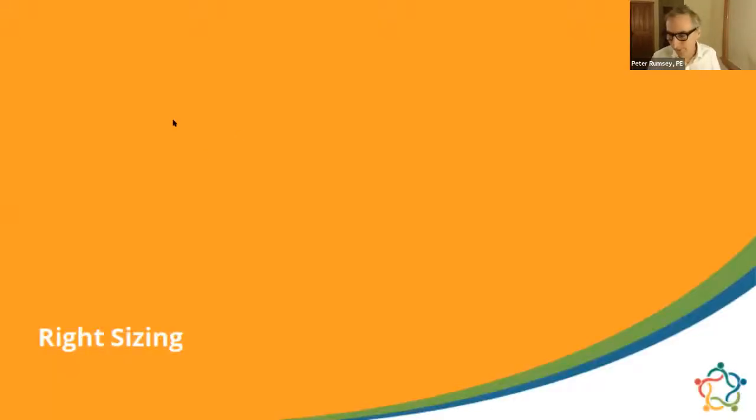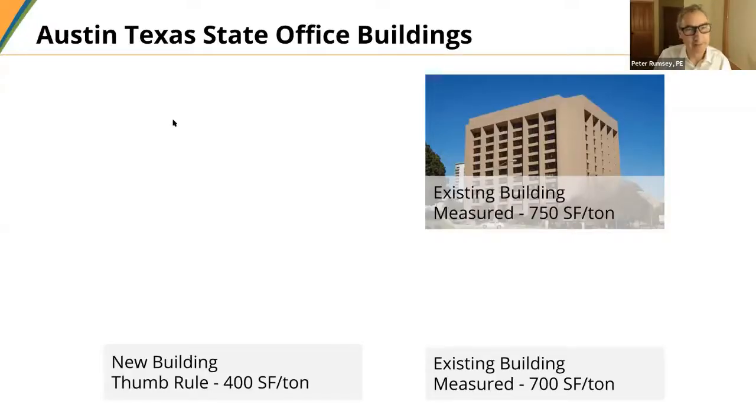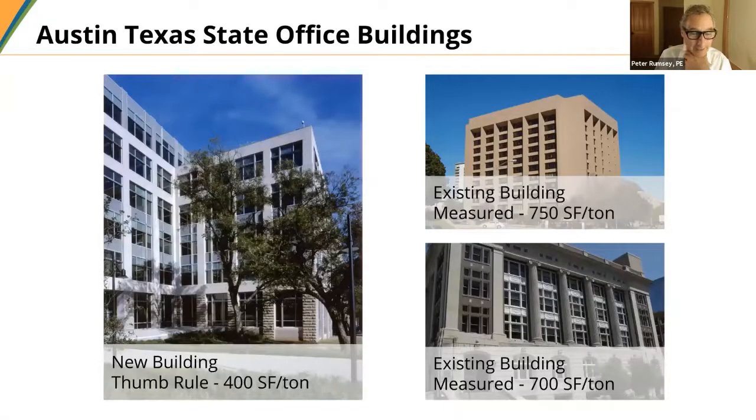So I want to talk a little bit about this idea of right sizing and give you some stories and examples from my career. I started out working on a building in Texas, and Austin, Texas in the summer months is similar to Hyderabad. It gets quite hot and humid.